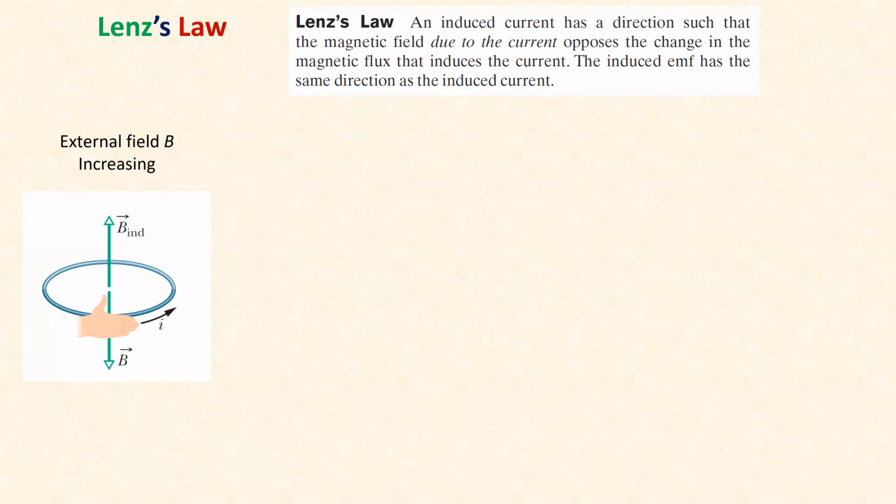All right, so this is the key. Whenever you want to find the direction of current in a loop when the magnetic field or magnetic flux changes inside the loop, you need to use this rule. Which direction is it? Is it increasing or decreasing? If it is increasing, the magnetic field of the induced current opposes that. And then you use the right-hand rule, as you see in the figure.